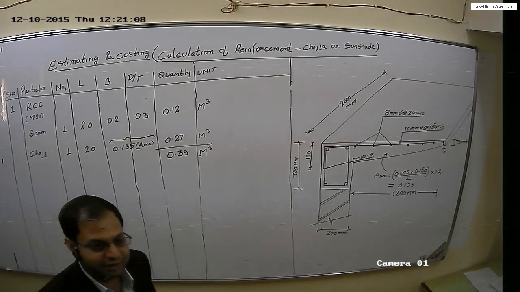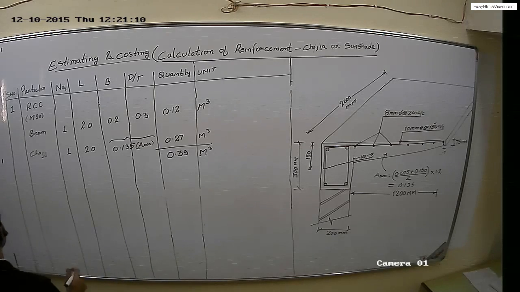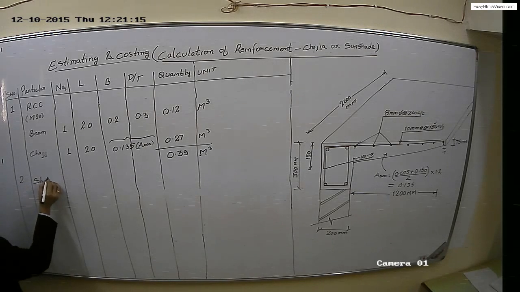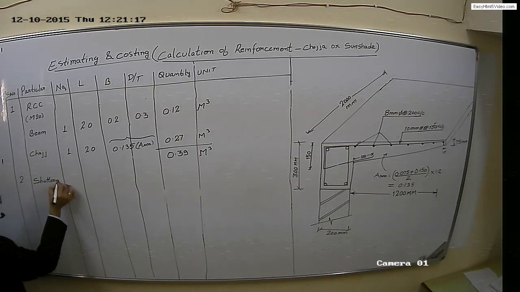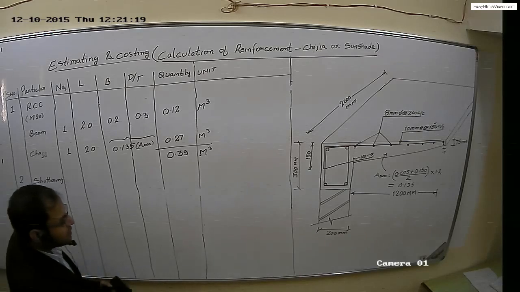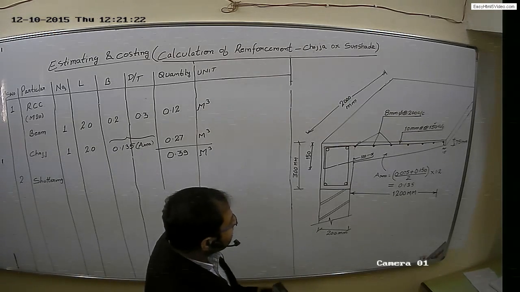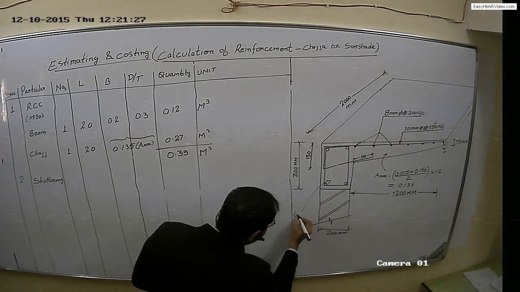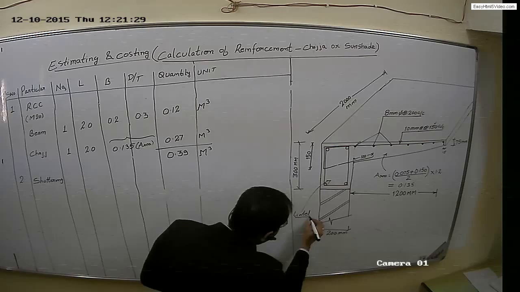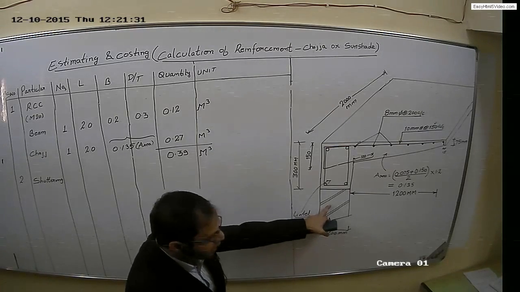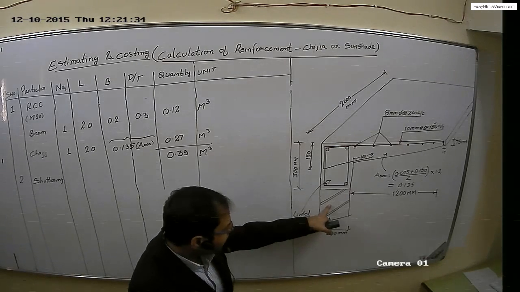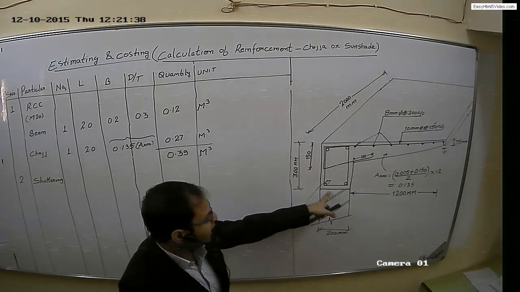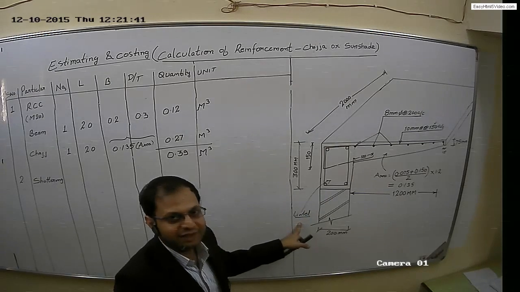Now, coming to the shuttering, calculation of shuttering is similar. Our second item will be shuttering. Since we are assuming that this beam is a lintel beam and it is resting over brickwork, so the shuttering of bottom can be neglected, since we'll cast this lintel beam after constructing brickwork.